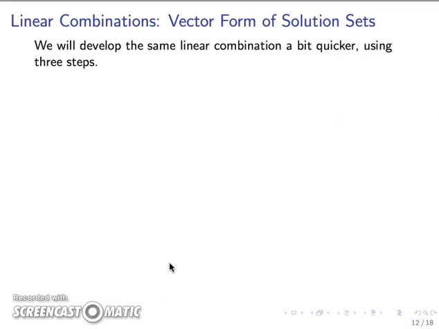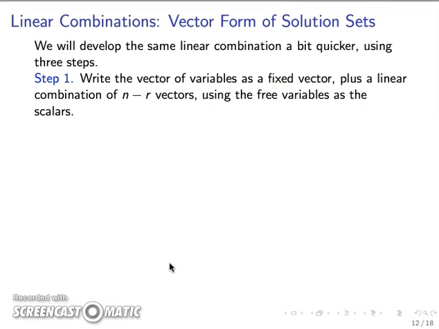Okay, so we're going to write the vector of variables as a fixed vector that is being added to a linear combination, and the number of vectors in the linear combination is n minus r vectors, using the free variables as the scalars in that linear combination of n minus r vectors.